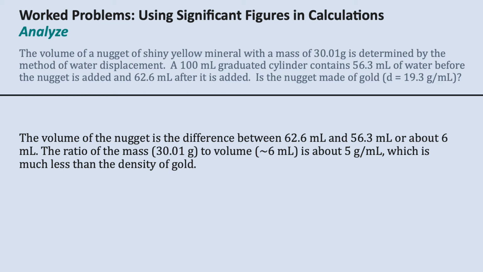So we can estimate before going into this problem what the density of the shiny yellow mineral is and determine whether or not it's gold before moving on and doing the exact calculation. So we know that we should get an answer that's about 5 and that it is not gold.